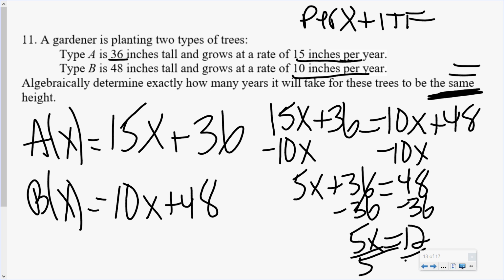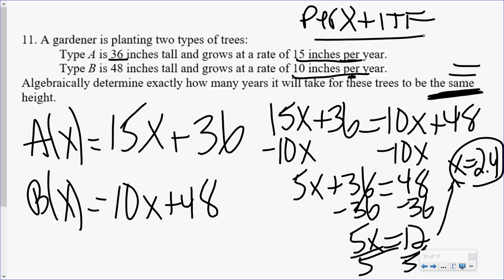Isolate, add or subtract first, divide last, and I get 2.4. So again, keyword per or each. When I see per or each, per x plus the one-time fee, set up your model. And then once you have those expressions, if it ever says the same, you're setting them equal.